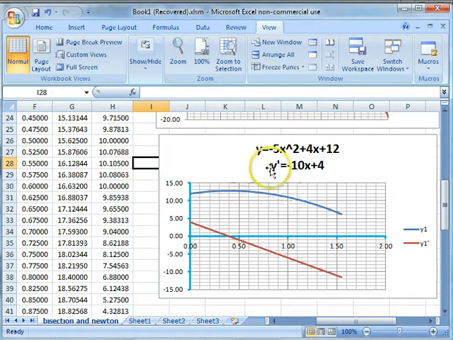The computation is correct, and it's readily visible that if we set the derivative equal to 0 for this equation, x would have to be 4 over 10, that's 0.4, which is, as we expected, the value at which the original function y reaches the maximum. And in general, the challenge is to find the maximum, and a way to find the maximum is to find the point where the derivative is equal to 0.